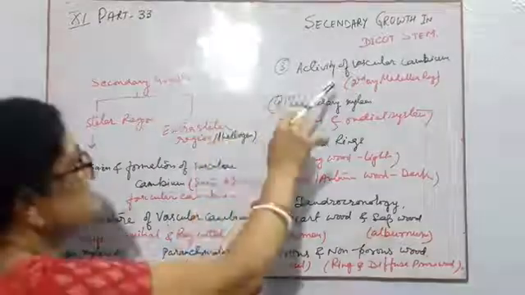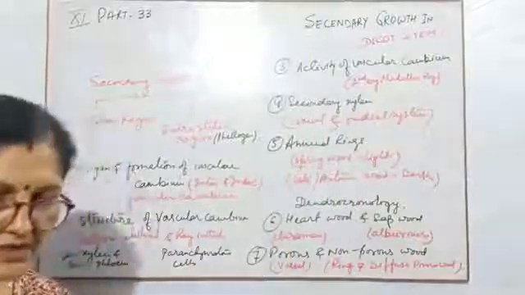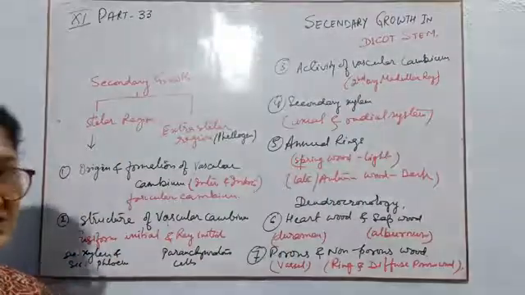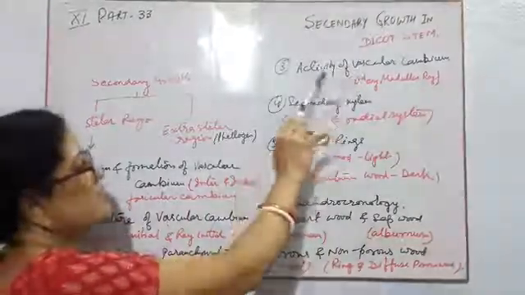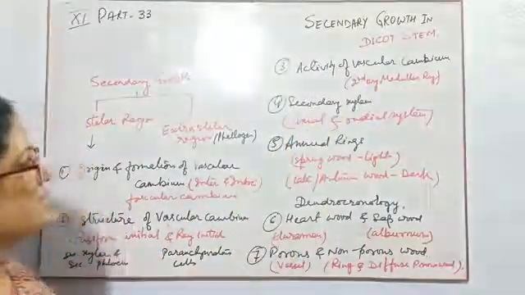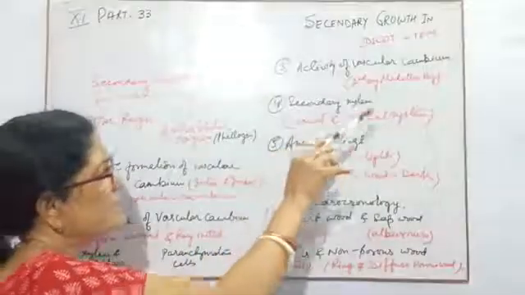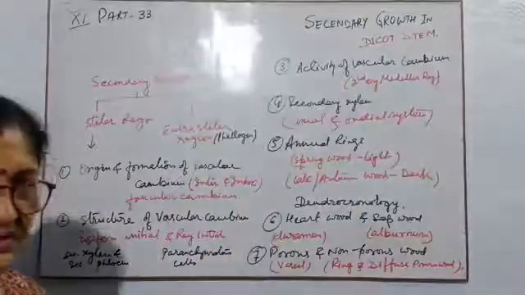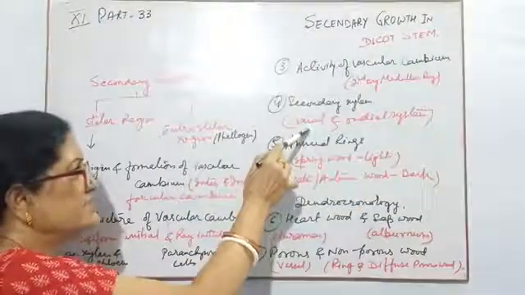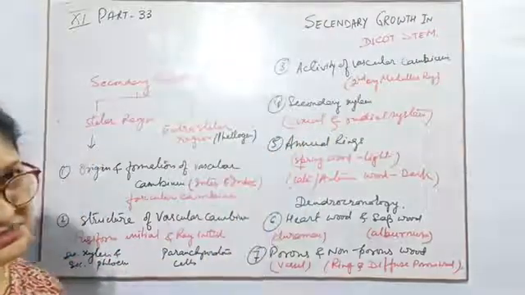Then we already discussed the activity of the vascular cambium, which forms cambium rings, and these always form the secondary medullary ray. Then fourth, secondary xylem. After the secondary medullary ray, the secondary xylem will form, either in the axial system or in the radial system.